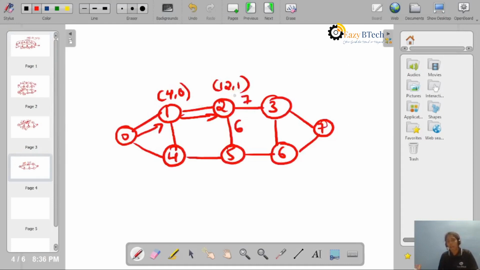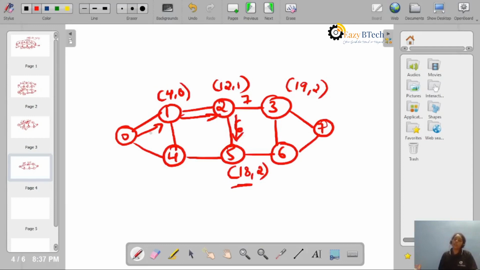So add the previous one. 12 plus 7 means 19 comma 2. 12 plus 6 means 18 comma 2. Right. So which one is minimum? The 18 comma 2 is minimum. Means we have to set a path from 2 to 5. So second vertex to fifth vertex.